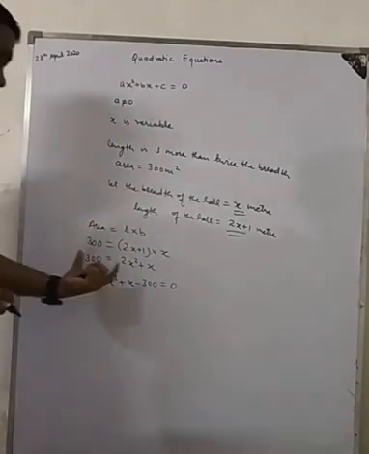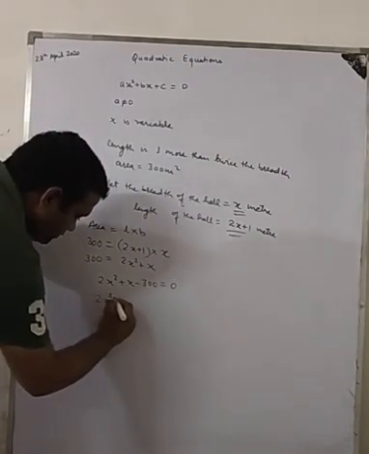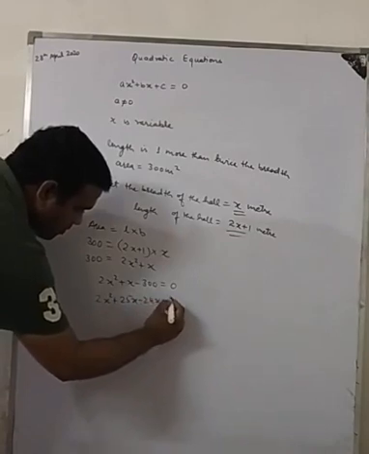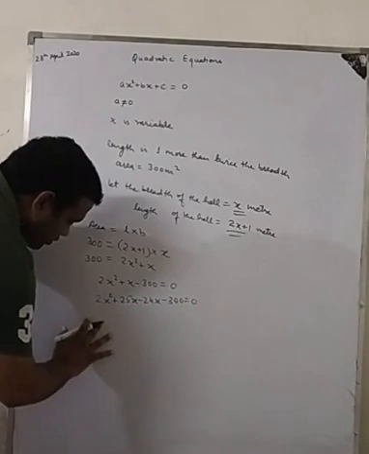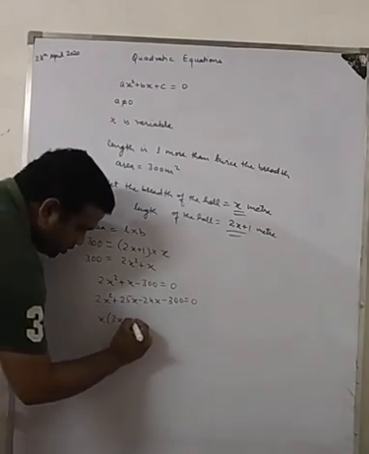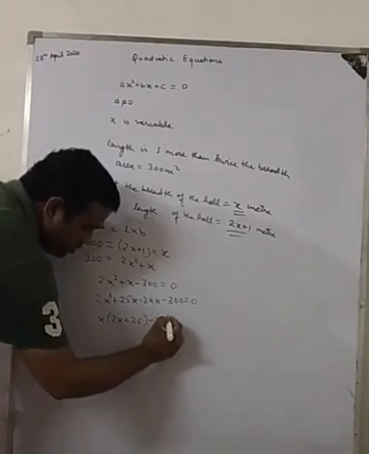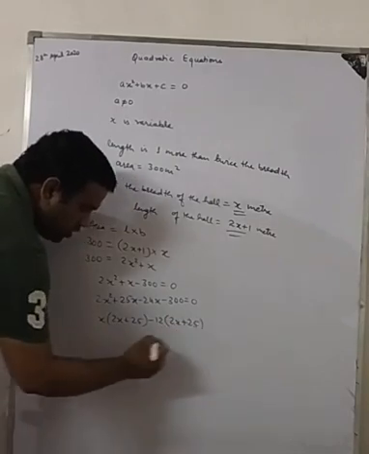So we have to factorize this equation and if we solve, we get, so I will take x common. Here I am taking 12 common, so it is 2x plus 25.